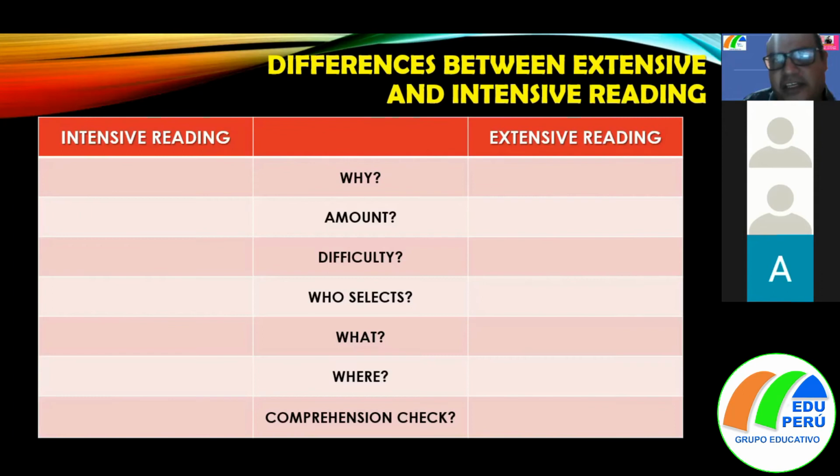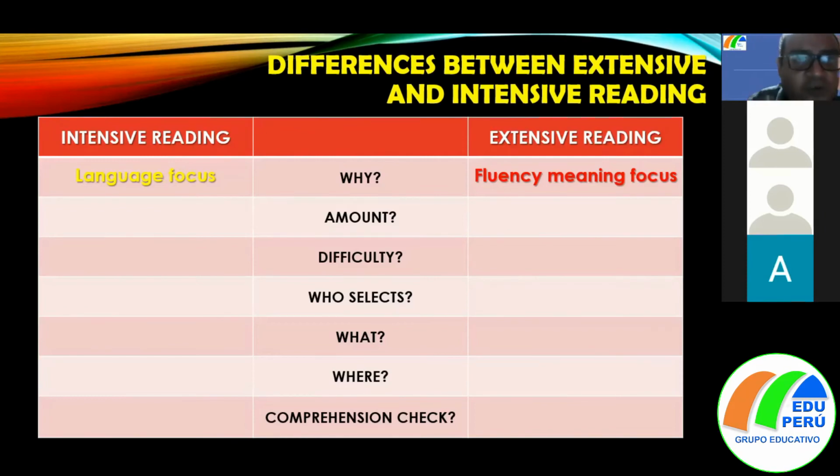Let's start with why. In intensive reading, the purpose is language focus. In extensive reading, fluency, meaning focus. Remember, what is the purpose of intensive reading? To analyze. That's why here we have linguistic reading and content reading. You want to get as much meaning as you can, so the focus is on the language.